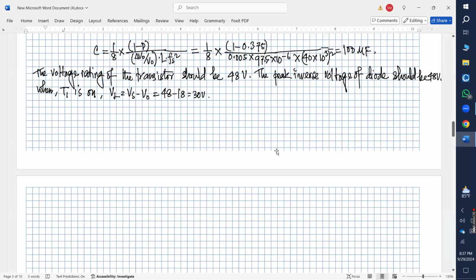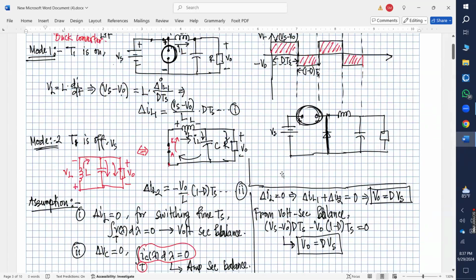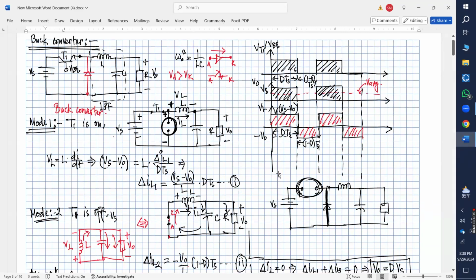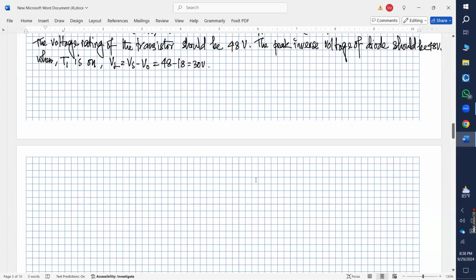And when the transistor T1 is not operating, what should be the voltage across the inductor? It should be minus V naught, right? So when T1 is off, then VL should be minus V naught, which should be minus 18 volt, right?